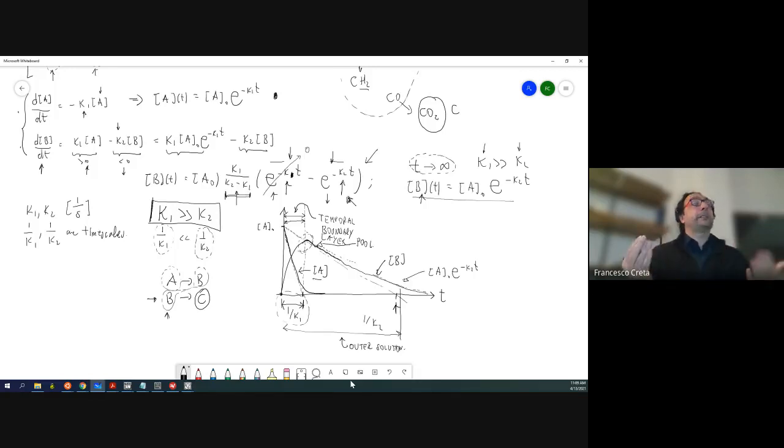So this is a long story to say that, generally speaking, in combustion reactions, you have a multiplicity of timescales, and you have a separation of timescales. You have essentially intermediate reactions and what we call here initiation reactions, like A going to B, that are very fast.